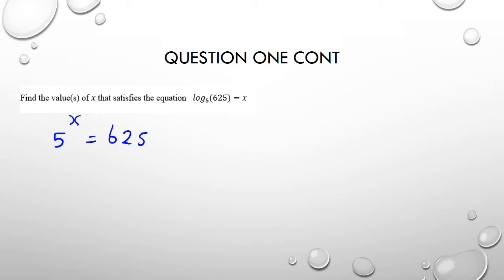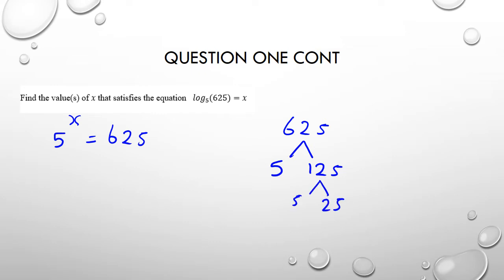If you don't want to guess and check, you can look at 625: the last digit is 5, so that means it is a multiple of 5. So I would divide 625 by 5, and that gives me 125. And then 125 comes from 5 times 25.